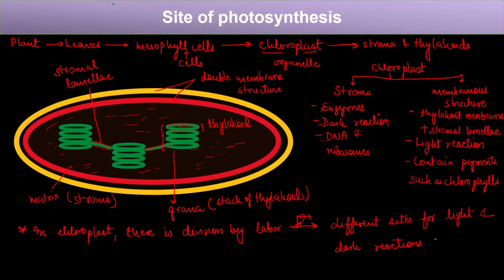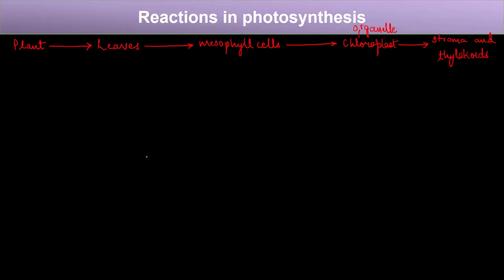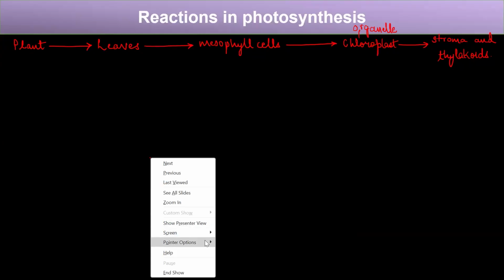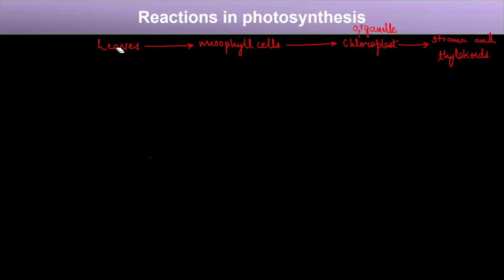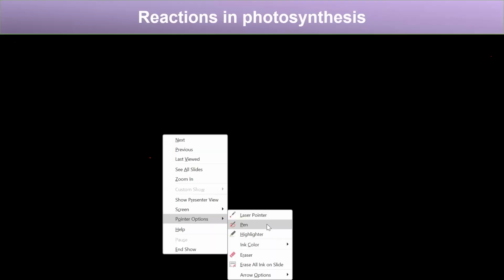Okay. Now, what are the reactions? I was talking about the light and dark reactions. So basically, what are the light and dark reactions? What reactions happen in the case of photosynthesis? The reactions in photosynthesis are of two types.